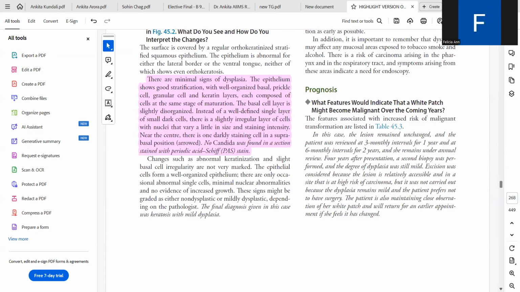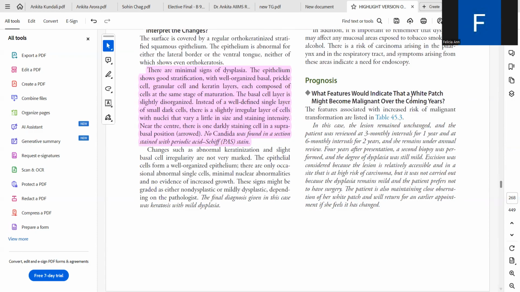Then we have the prognosis of these lesions. In this case, the lesion remained unchanged and the patient was reviewed at 3 monthly intervals for 1 year and 6 monthly intervals thereafter for 2 years, and she remained under review. 4 years after the presentation, a second biopsy was performed and the degree of dysplasia was still mild.